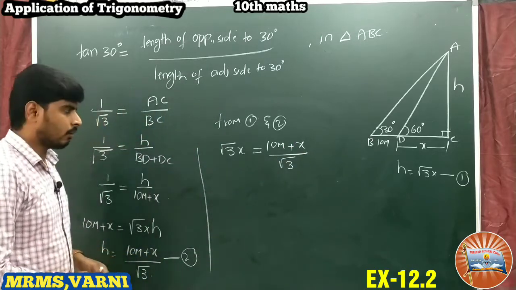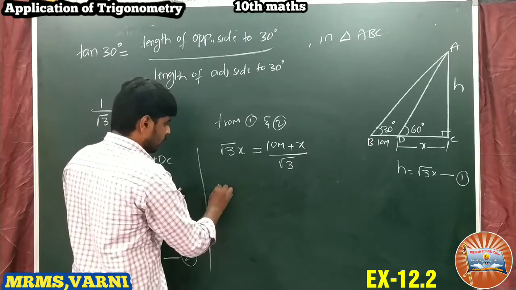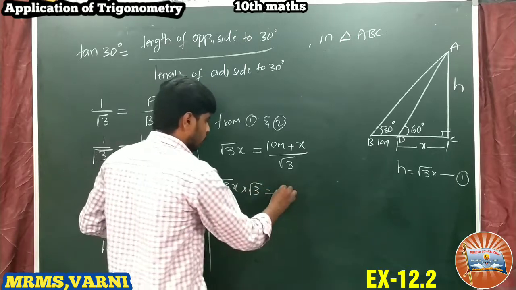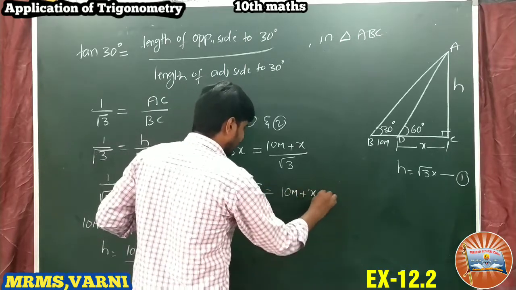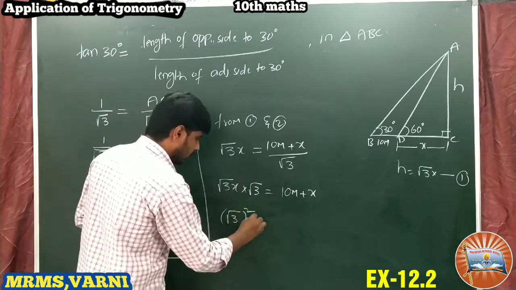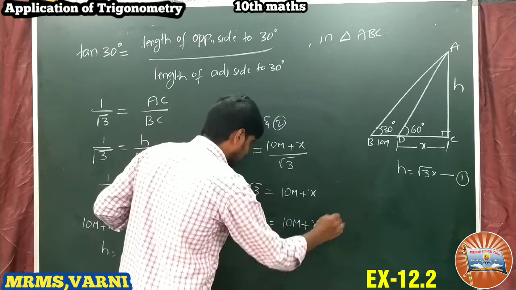Isn't it? Can you write like that? Yes, we can write. So take the cross multiplication again. So root 3x into root 3 is equals to 10 meters plus x. This becomes root 3 whole square into x is equals to 10 meters plus x.